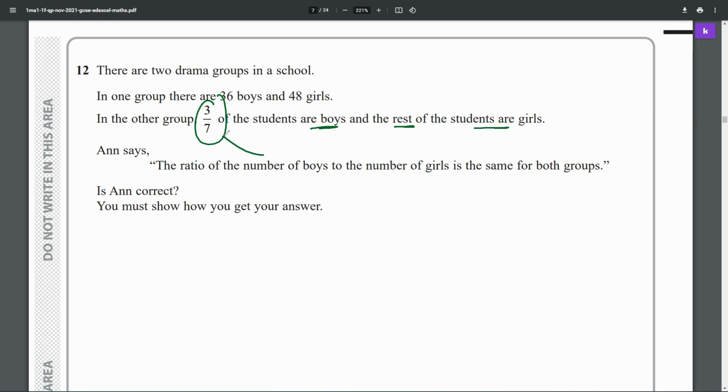So if 3/7 is boys, then the rest will be what fraction makes it whole? And that'll be 4/7. Why? Because 3/7 plus 4/7 is equal to 7/7, which is equal to a whole number, or one whole. And it says the ratio of the number of boys to the number of girls is the same for both groups.